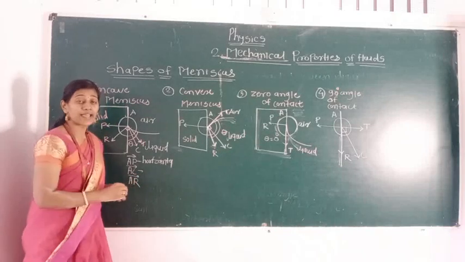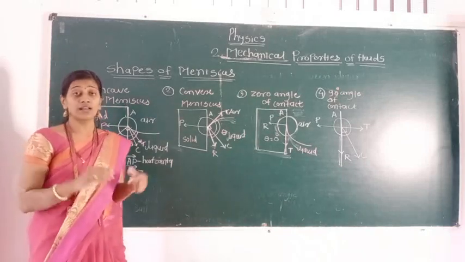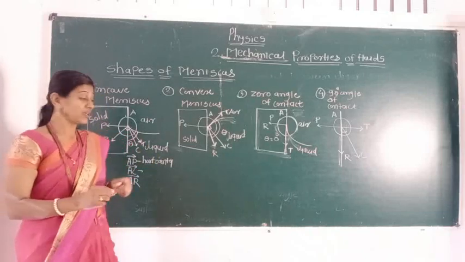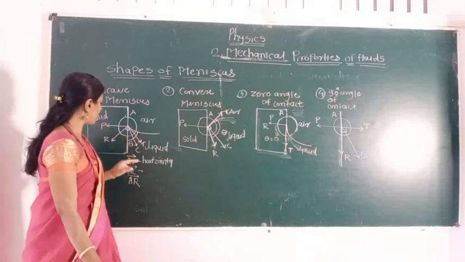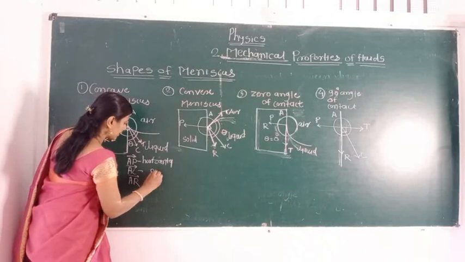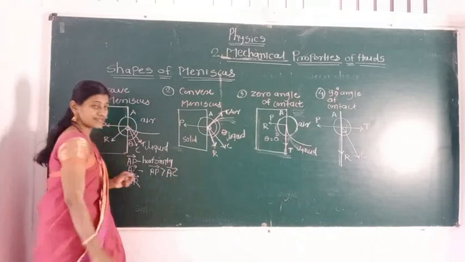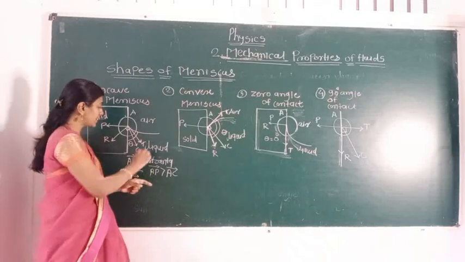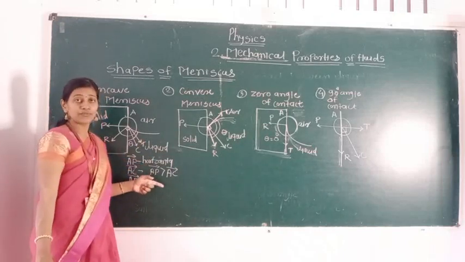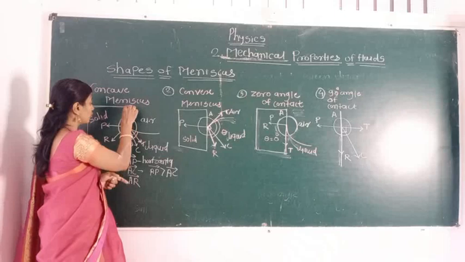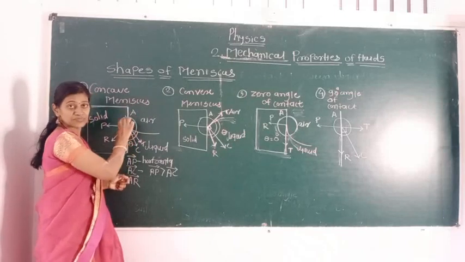Now the forces acting on the molecule are the adhesive force and the cohesive force, but in this case the adhesive force AP is greater than AC. AC is the force exerted by the liquid molecules. AP is the force exerted by the solid molecules. We can get the idea of that sphere of influence.